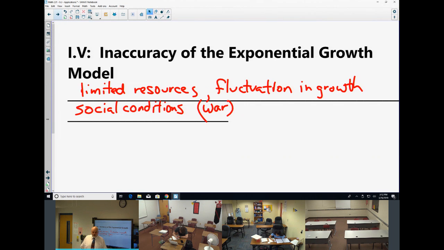So the formula is kind of like our theoretical model, but in real life, it doesn't always work out to be exactly that way.